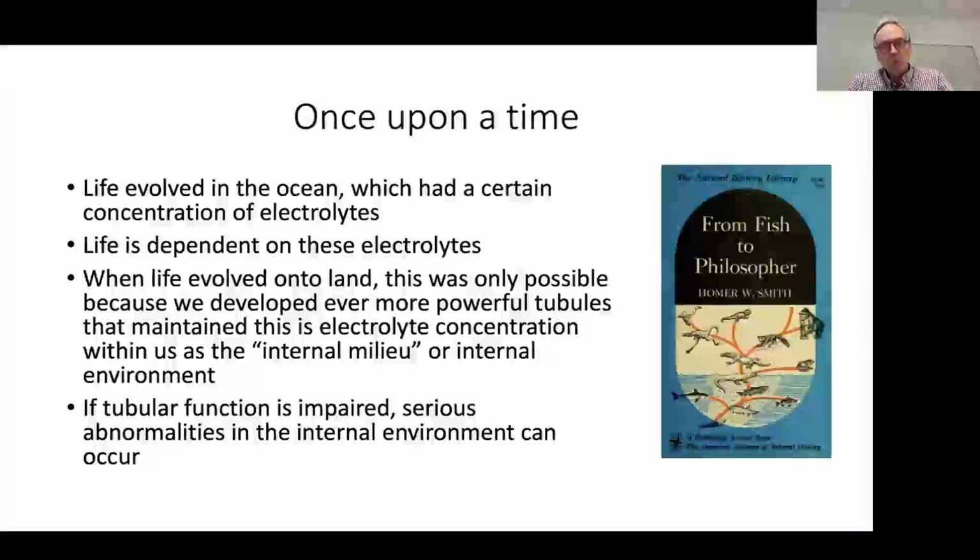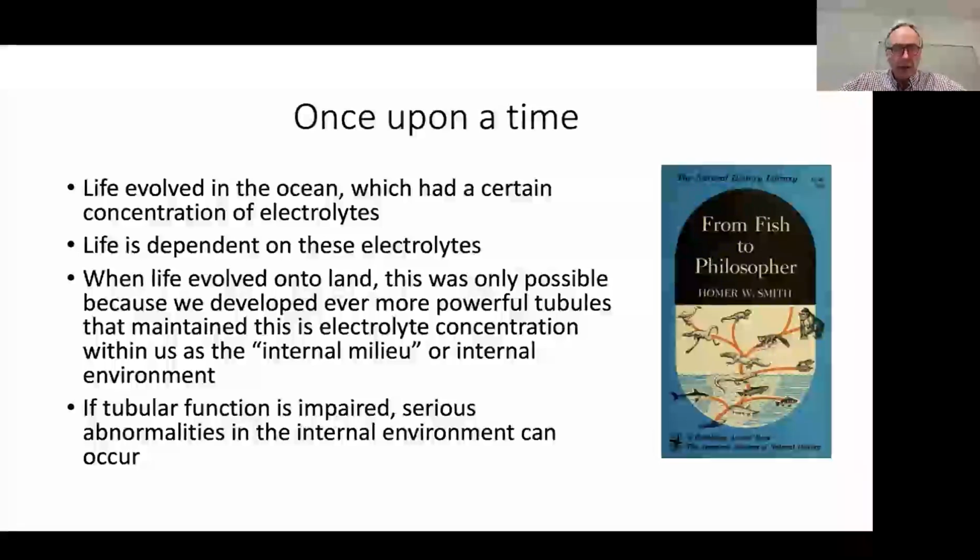But when life moved on to land, this was only possible because we developed ever more powerful tubules that maintained this ancient ocean environment within us so that our excitable cells could still work, and that minimized the losses from the filtration process to get rid of waste products.